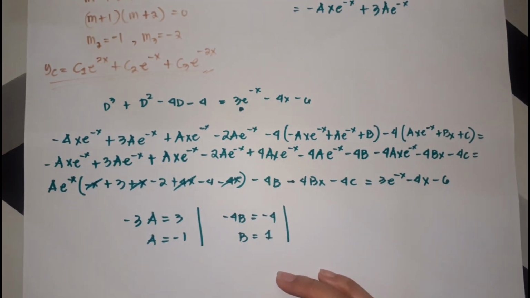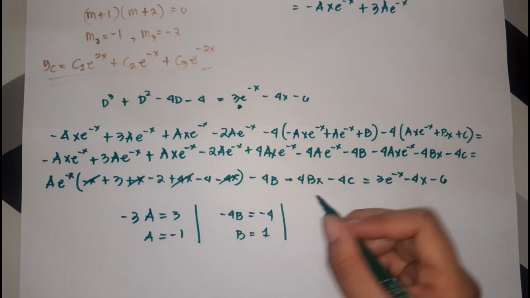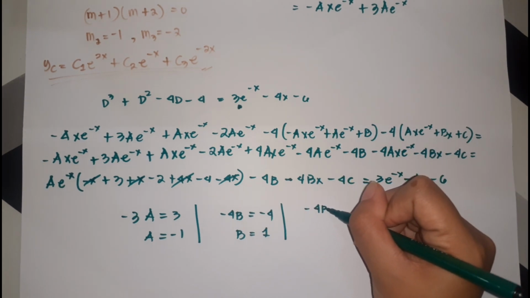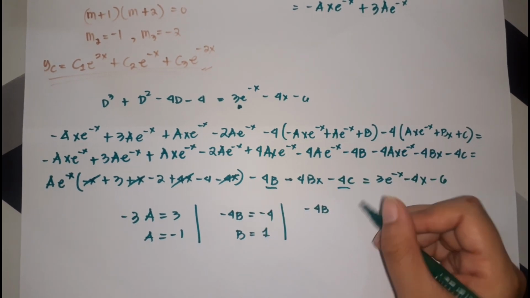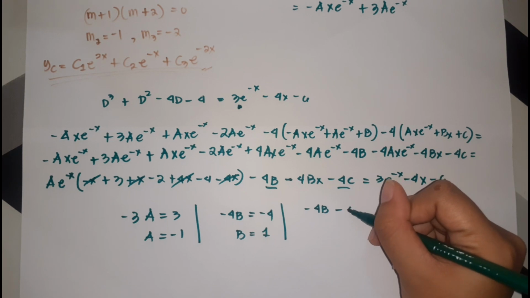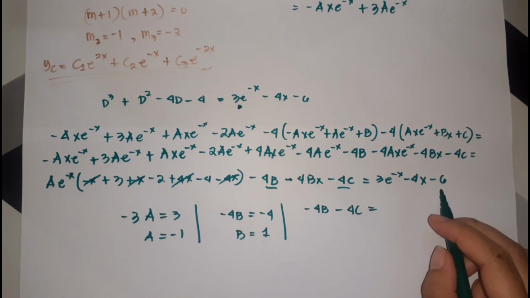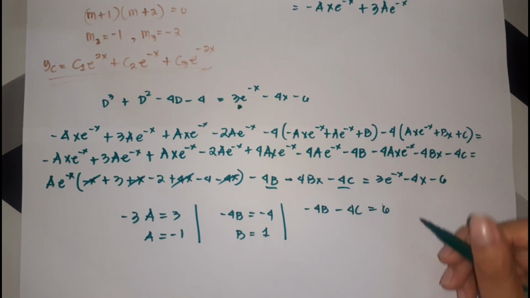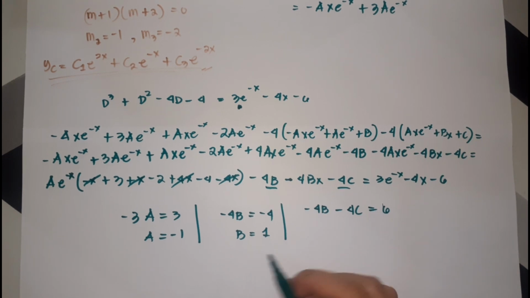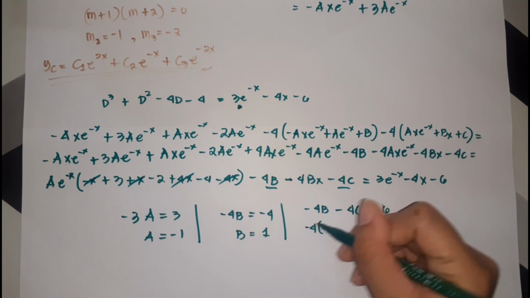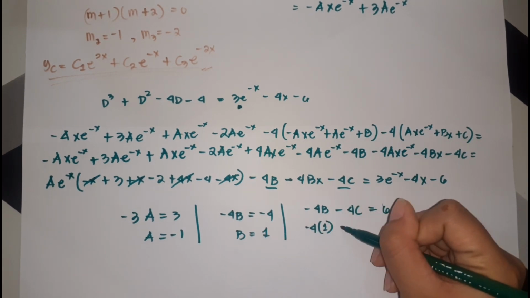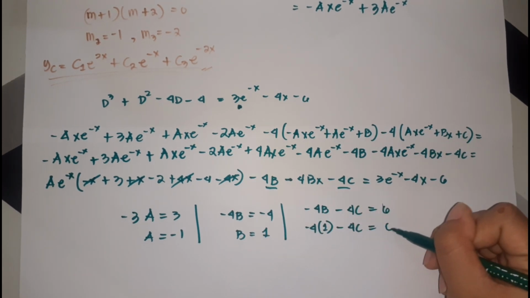Then for the value of c, negative 4b minus 4c equals the constant here, negative 6. We substitute the value of b: negative 4 times 1 minus 4c equals negative 6.